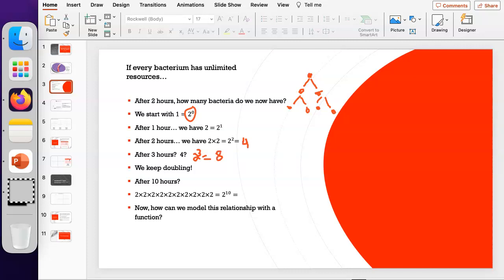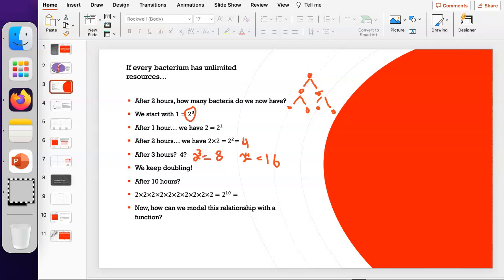And then after 4 hours, well, that would be 2 to the 4th power, and that's 2 times 2 to the 3rd power. 2 to the 4th power gives me 16. So, might already be obvious here, but we're doubling after every hour. So what would happen after 10 hours? Well, that would be 2 to the 10th power.